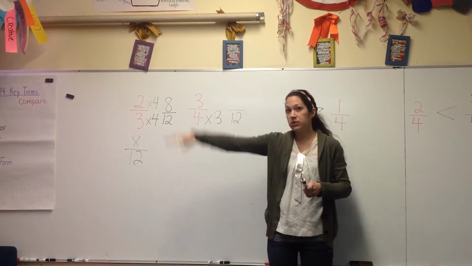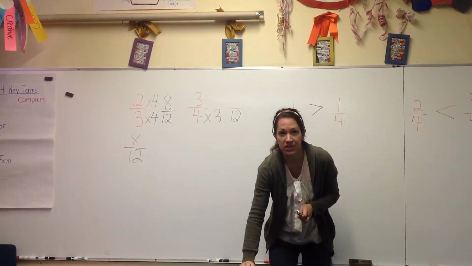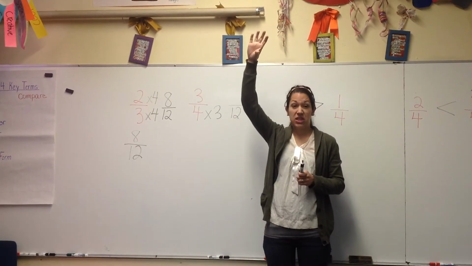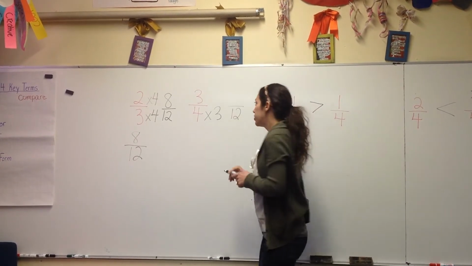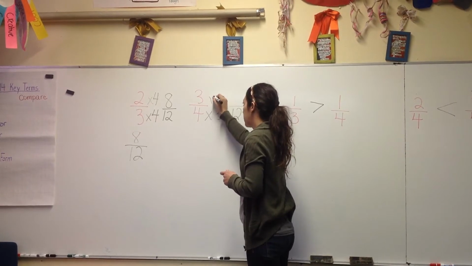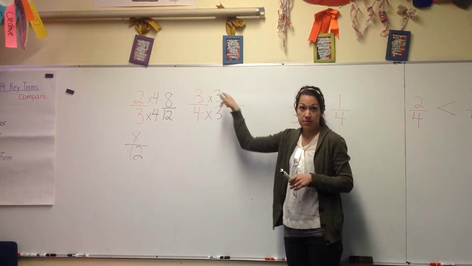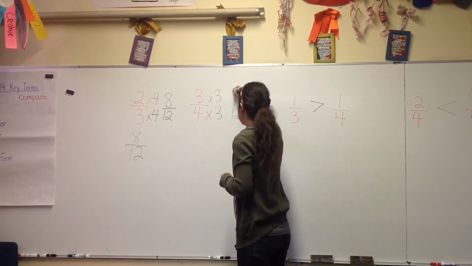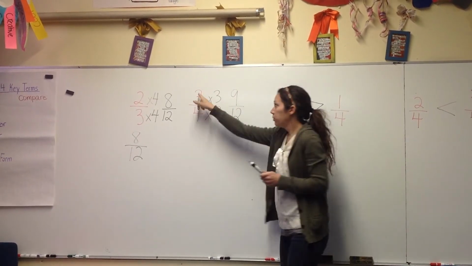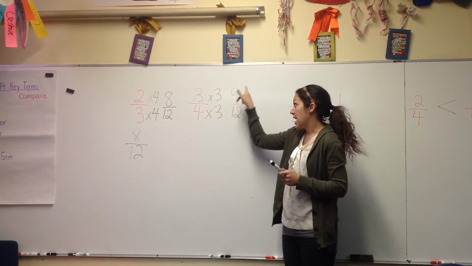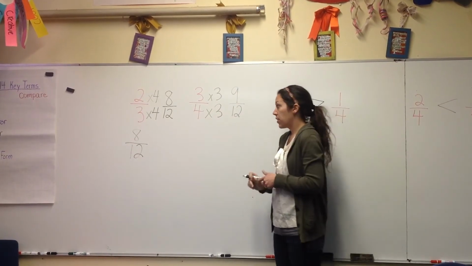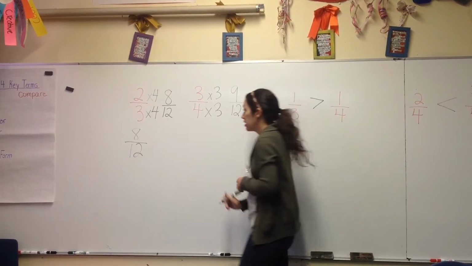But whatever I do to the bottom of a fraction, I have to do to the top of a fraction. So now I'm going to multiply by 3 on the top. 3 times 3 is 9. So 3/4 becomes 9/12. Let's go ahead and write our new fraction here at the bottom.